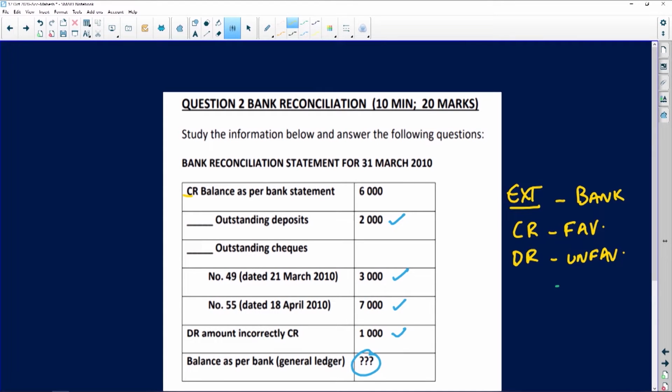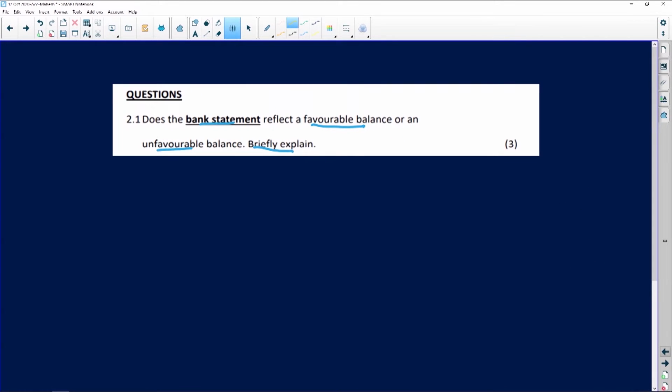So looking at this question, you've got a credit balance as per bank statement. So the bank statement reflects a favorable balance. Okay, so favorable balance, 1 mark for mentioning favorable, and then you are asked to explain, and your explanation should be in the bank's records.